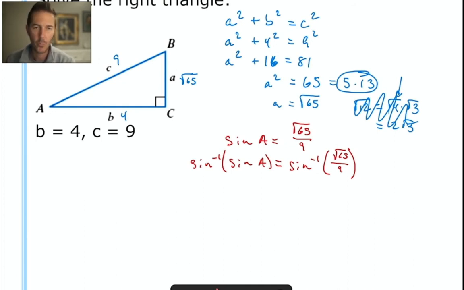We know that we're working with a legitimate triangle here, so I don't have to worry about any restricted domains of restricted trig functions, or however you'd like to phrase that. I know that the inverse sine and the sine are going to cancel out, so I'm left with A equals, and I'm going to maybe even put a little squiggly equal sign to indicate that this is going to be a decimal approximation that I'm going to put on the right-hand side. I don't have my calculator.